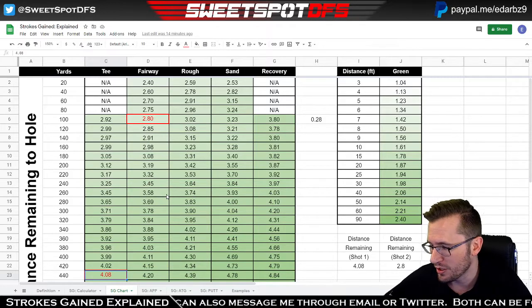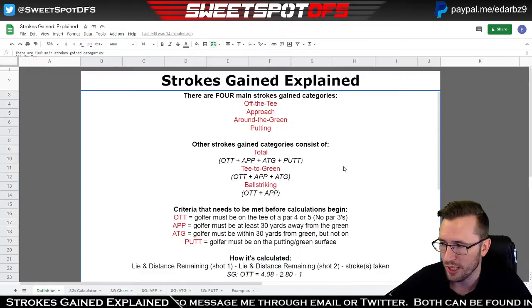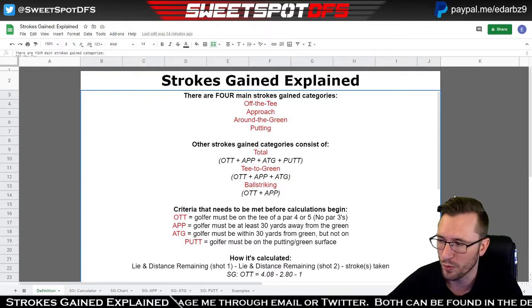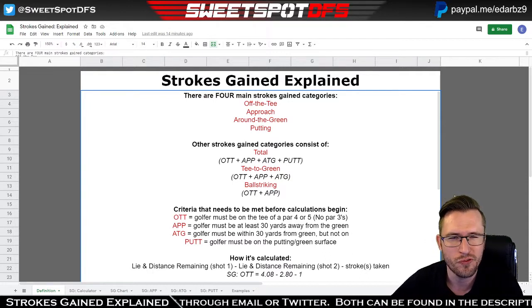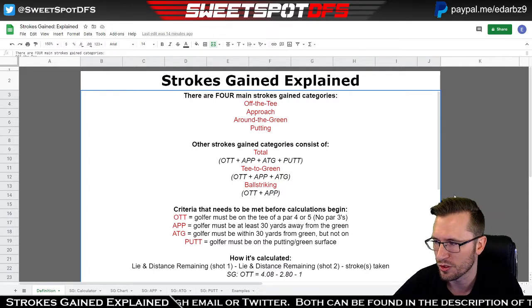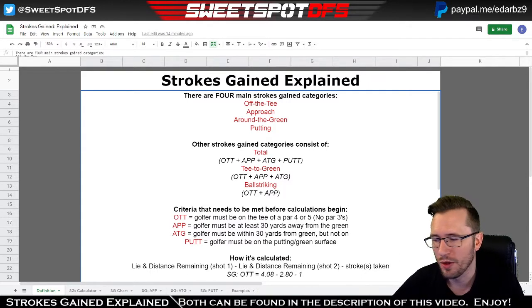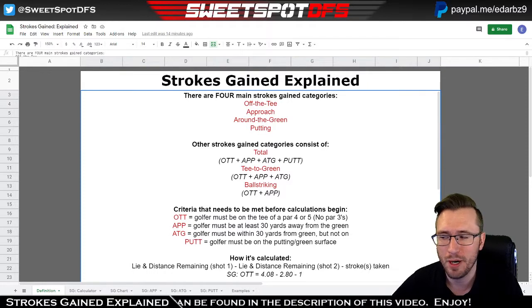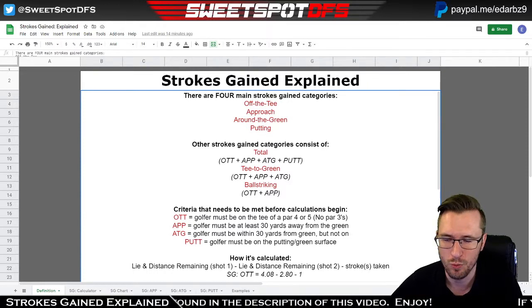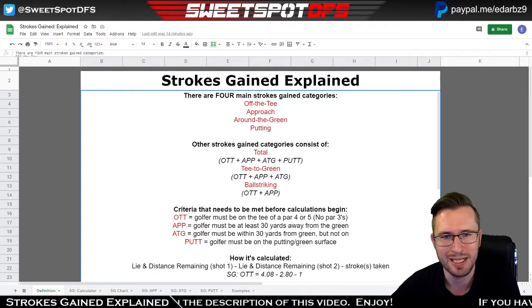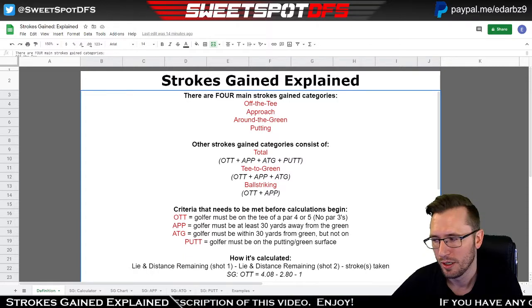I do want to get into the strokes gained categories just to show you, if you are unfamiliar with them, what they are. There are 4 main strokes gained categories: off the tee, approach, around the green, and putting. There are other categories, but these 4, in one way or another, are combined to make up those other ones.